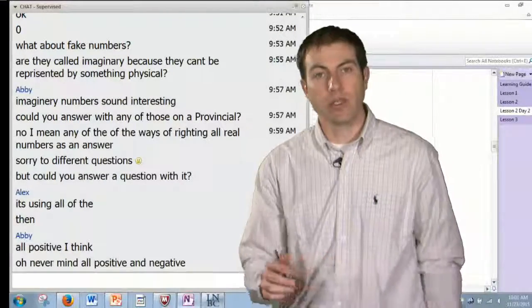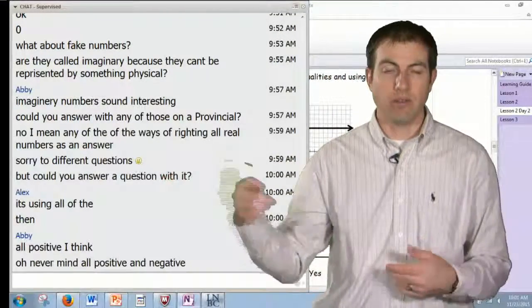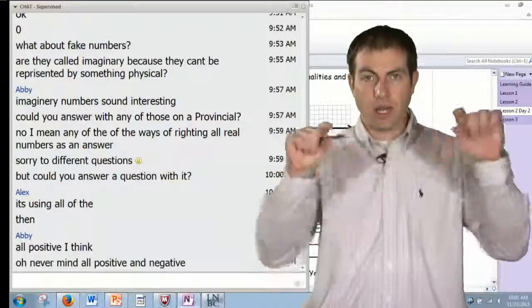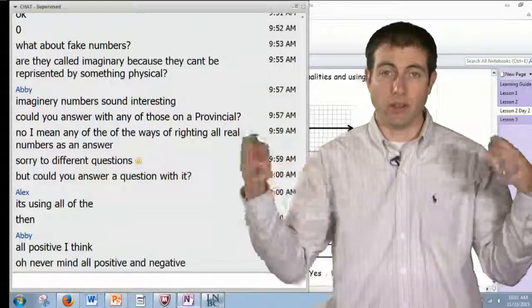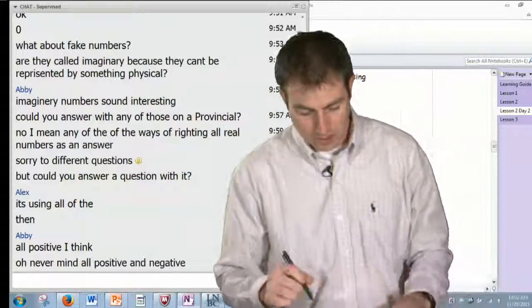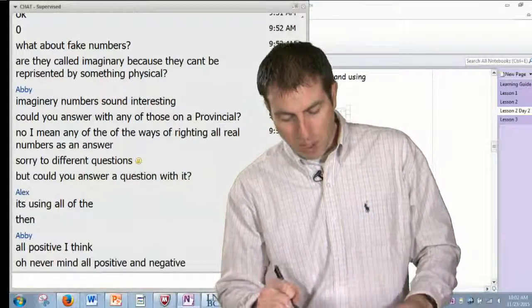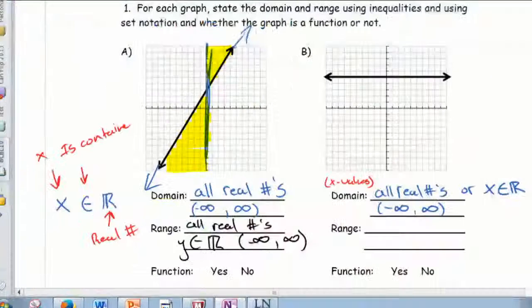Yeah, so we're going to the right forever and to the left forever, because the line has arrows on either end. So it's going in either direction forever and ever. How about y values? What y values are being used by this graph? And this is where this domain and range stuff gets a bit tricky. Am I using this y value right here?